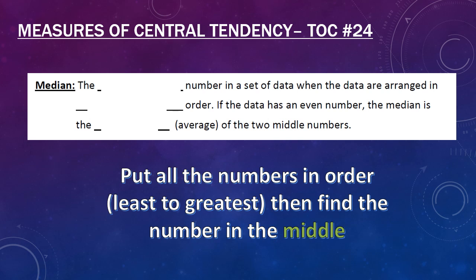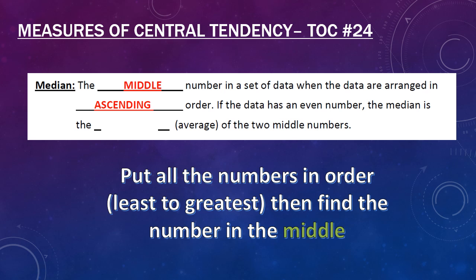The median is our second measure of central tendency. It is the middle number in a set of data when the data is arranged in ascending order. If you don't remember what ascending means, you might want to write this off to the side. It means least to greatest.